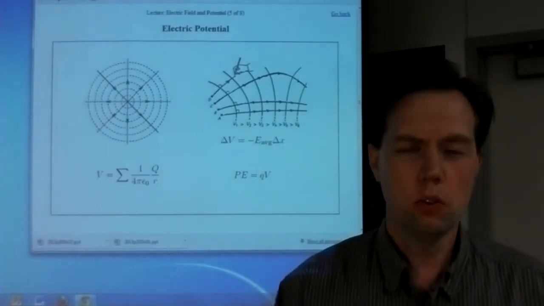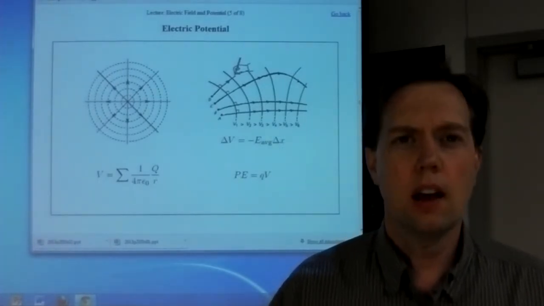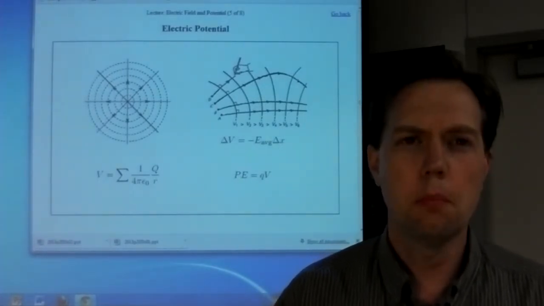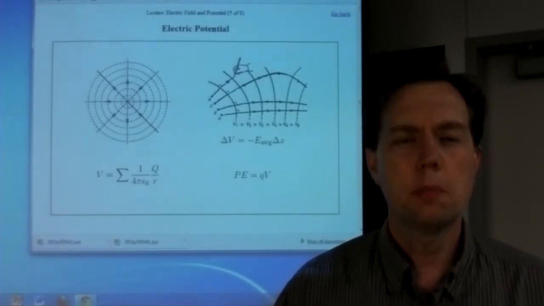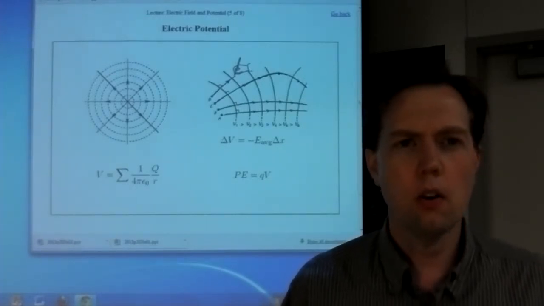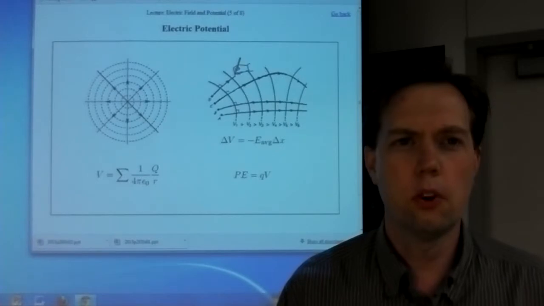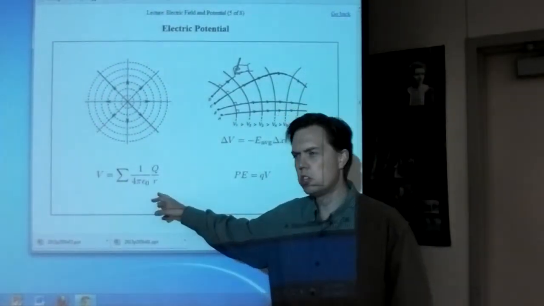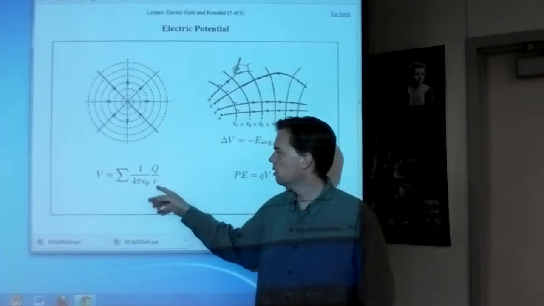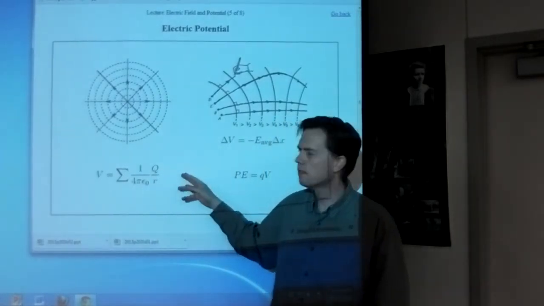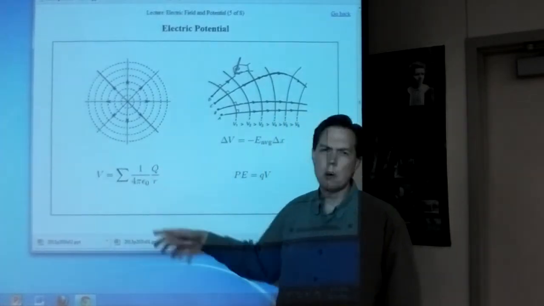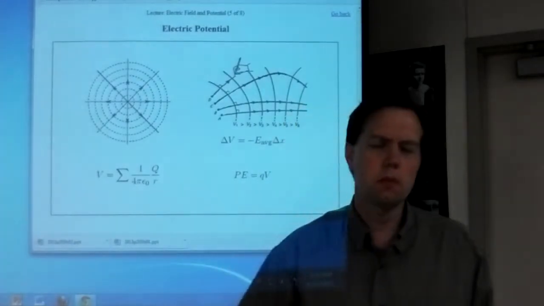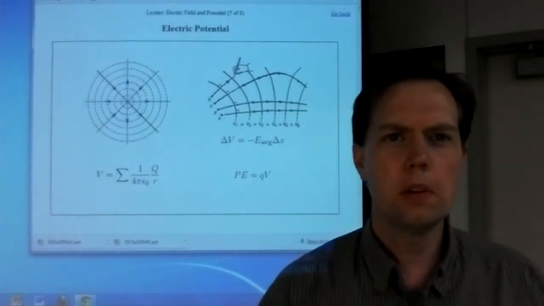Coulomb's law and Newton's law of gravity have the same kind of mathematical form. Therefore, their corresponding potentials have a corresponding mathematical form. The bottom line here is that the potential due to a charge is directly proportional to the inverse of the distance away. And this Q represents the total charge that's emitting this potential field.